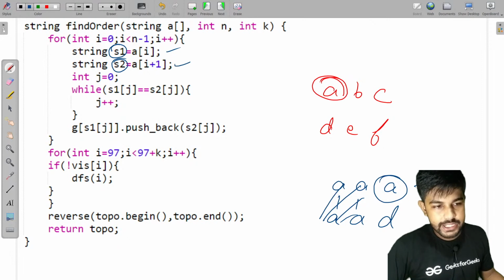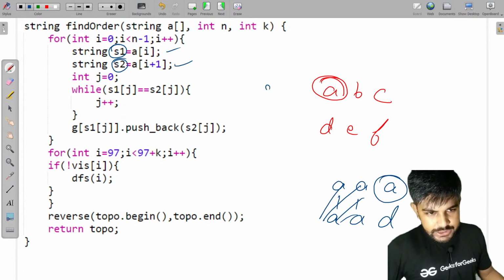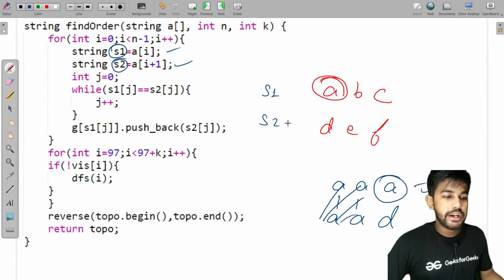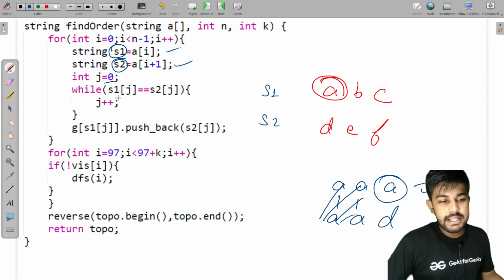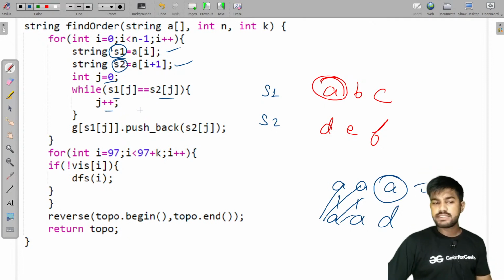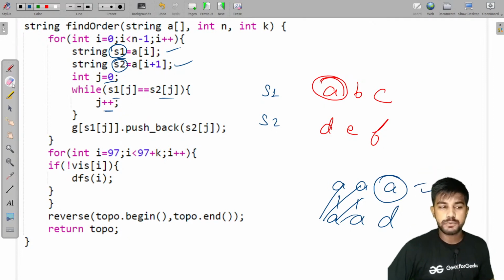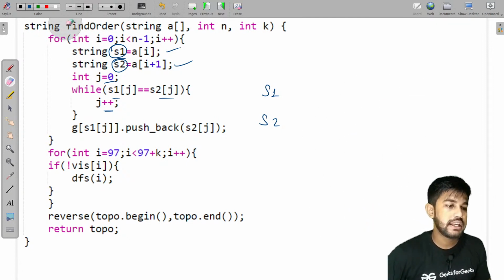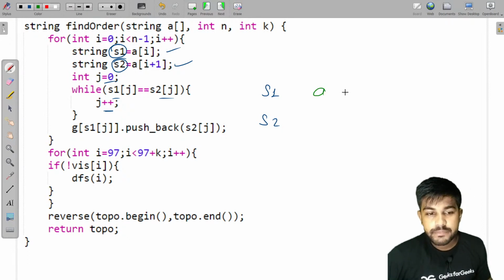This is string 2, the next string. Good to go. Now j is equals to 0, while s1[j] is equals to s2[j], j plus plus. So what is this thing? I would tell you. Suppose this is s1, and suppose the string is A, B, and then C.